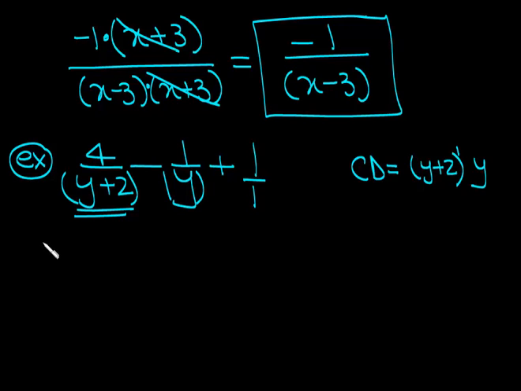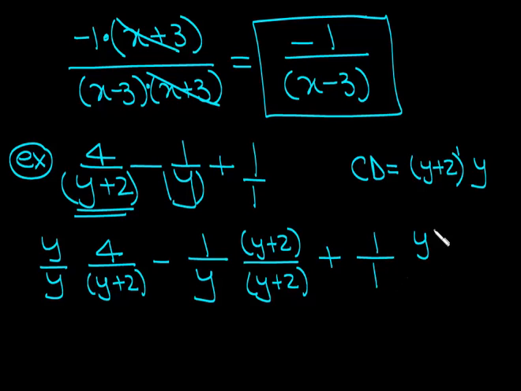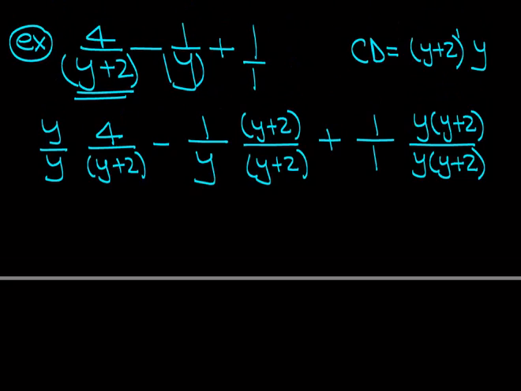I want to make each of these look like that. So I'm going to multiply the first one by y. I'm going to multiply the second one by y plus 2. And then the third one, I'm going to multiply by both y and y plus 2 because I'm missing both of those things. Now that I did that, you notice I have the same denominator across the board.